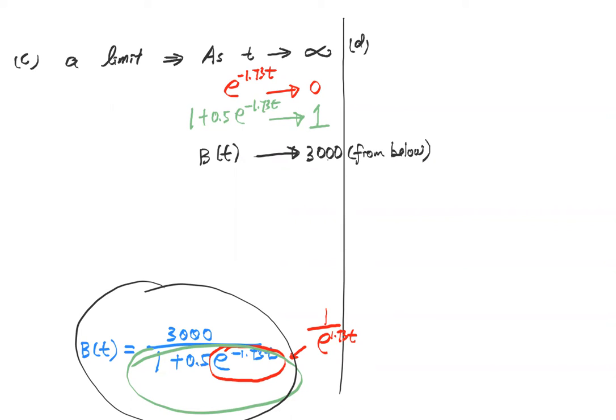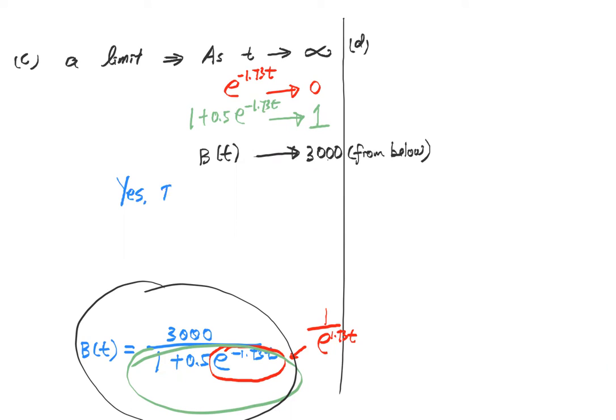So the question asked, is there a limit? Yes. There is a limit. So if so, what is it? Are we going to say the limit is only 3,000? Or are we going to say it in a better way? Yes.